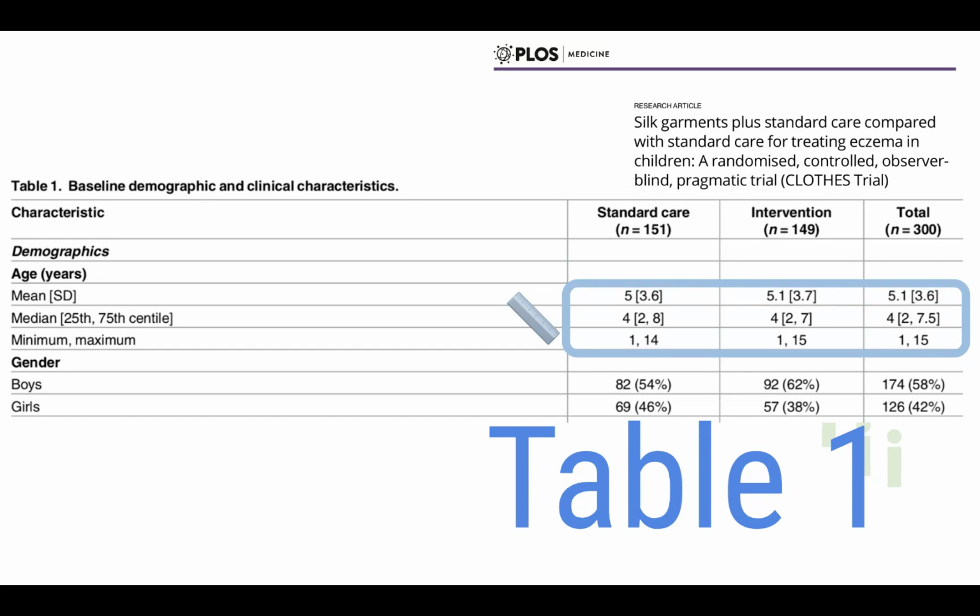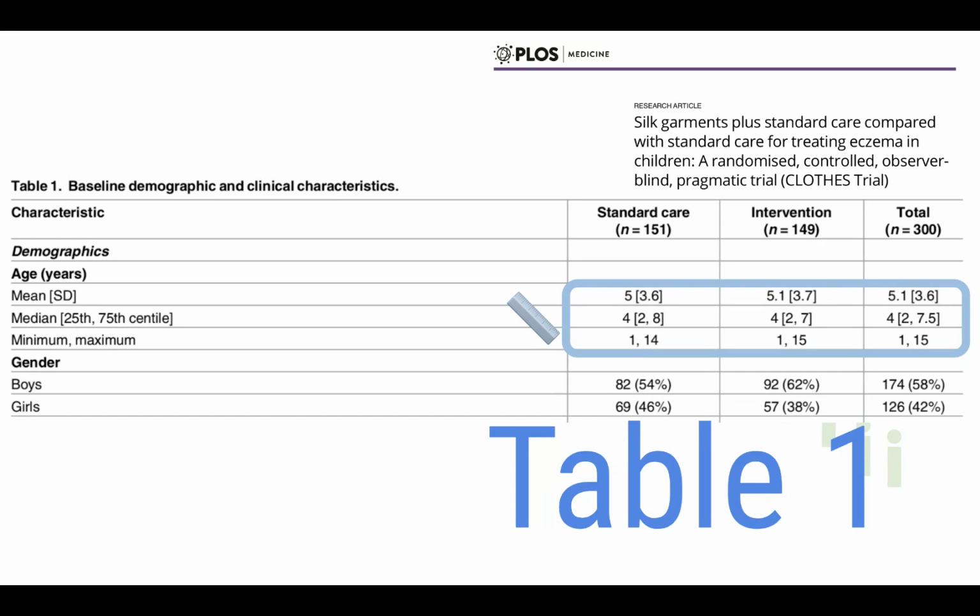For example, here we're looking at age. And so if we were doing a study where everybody given the intervention was much, much older than everybody given the standard care, that might influence our final result. And we'd want to understand that relationship. Here it looks like they're very balanced on age, because you can see that the mean age in the standard care is 5.